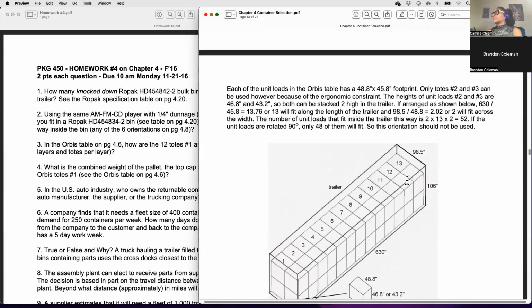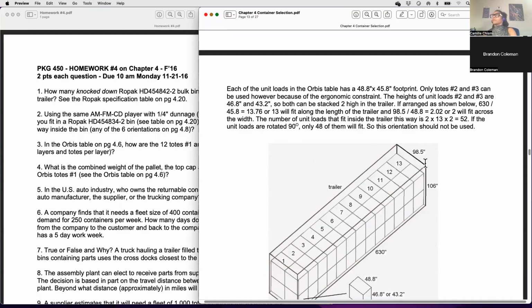Okay, so that's how you determine whether they're going to be stacked too high in a trailer: you take 106 divided by 46.8, or 106 divided by 43.2, and then you round down. Then you've got the width of the trailer, 98.5. They're dividing it by the 48.8 dimension, and you can see that they can get 2 across.